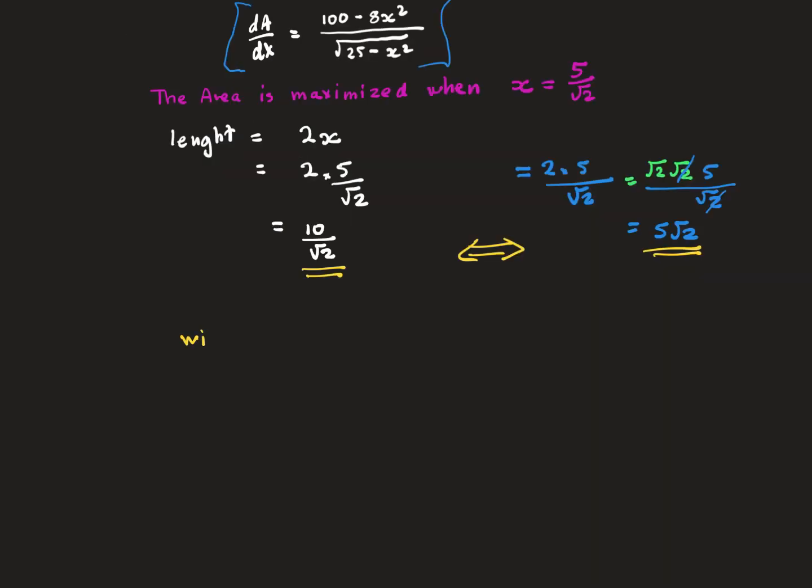And the width of this rectangle is 2y, and that means it's 2 root 25 minus x squared, because that was what y was.